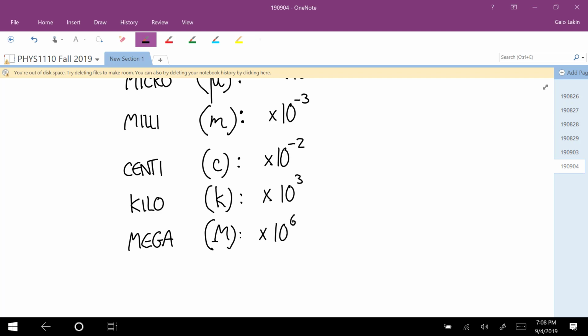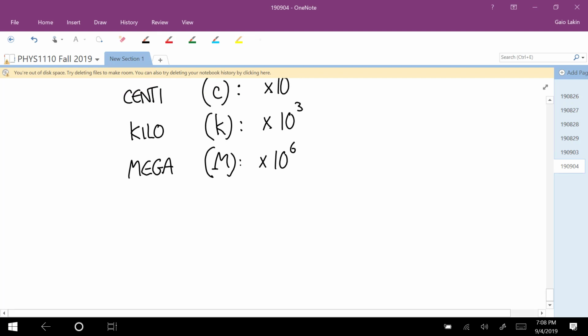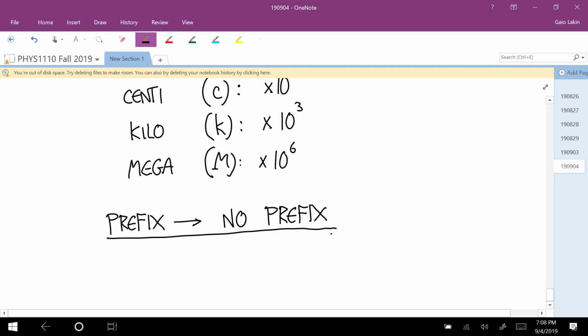Okay, so the first one, if we're going from something with a prefix to something without, for this, you can just take out the prefix and replace it with the times 10 to whatever.